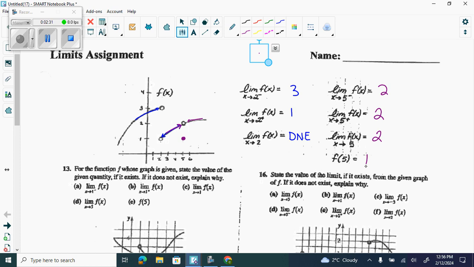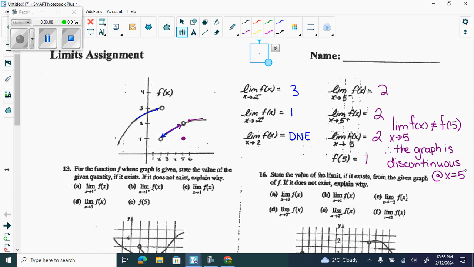Is that the case here? Is the limit the same as f of 5? No. So if we wanted to talk about continuity, we could say the limit as x approaches 5 of f of x does not equal f of 5. Then you could say, therefore, the graph is discontinuous or not continuous at x equals 5.